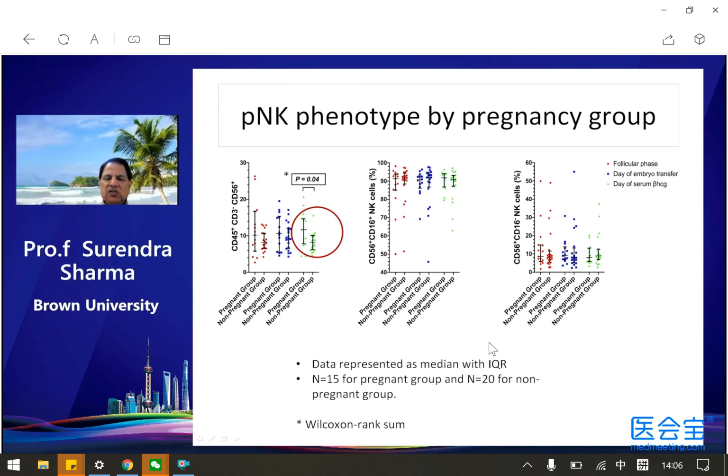We did not see any changes in CD16 positive cells or CD56 positive, CD16 negative NK cells. So it's basically very subtle changes that we see in the NK cell population in the pregnant versus non-pregnant group at the time of beta HCG detection.